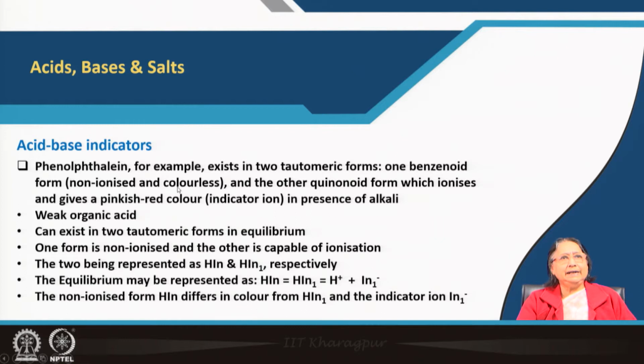But indicators are weak organic acids. We have already seen that organic acids, acetic acid, formic acid, are weak. We also know that the carboxylic acid group, that is the organic acid, is a weak acid, and for phenolphthalein, I will tell you about tautomers, what is the characteristic of the tautomers.